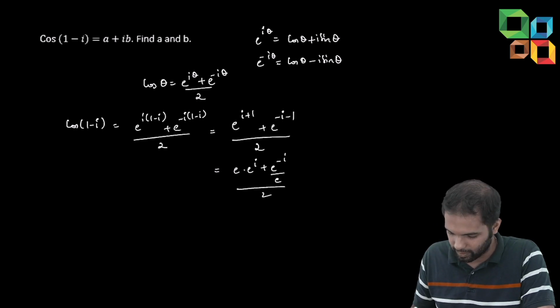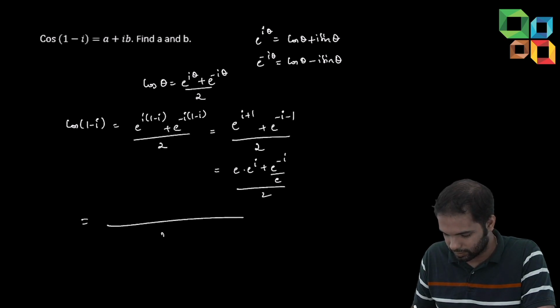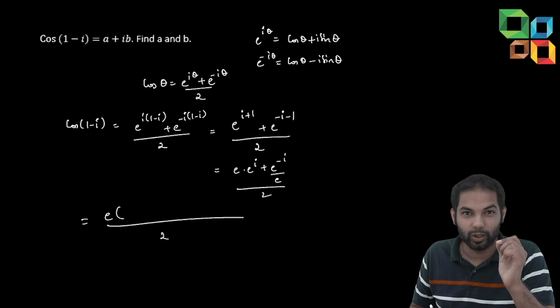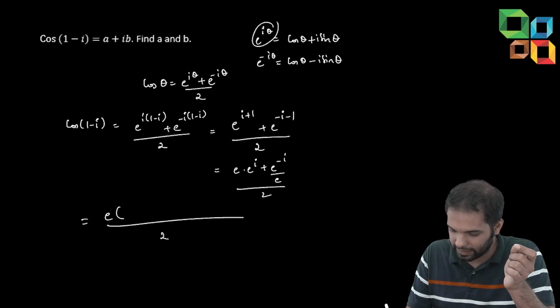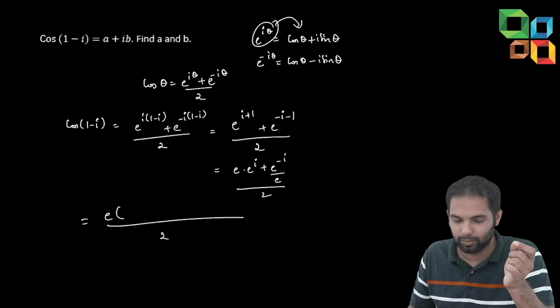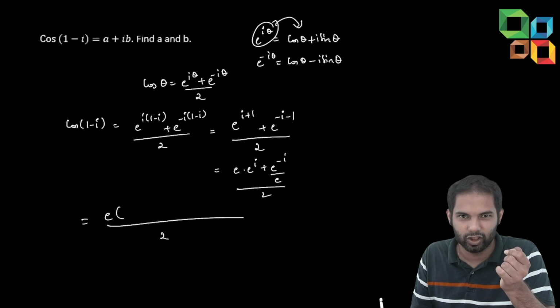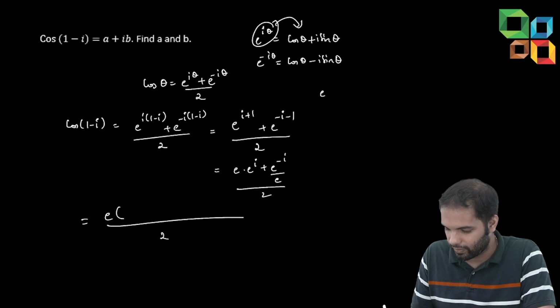If you want to write it in a better way, let us start writing what is e power i. We know e power i theta. Whenever this is i theta, we write it as cos theta plus i sin theta. Now, there is no theta. No theta means theta is equal to 1. So e power i is nothing but cos 1, radians we are talking about, plus i sin 1.